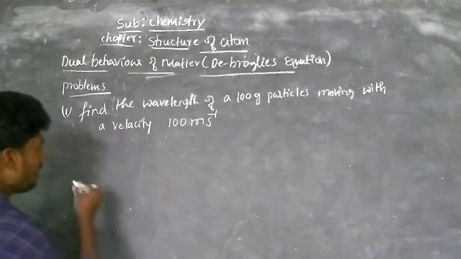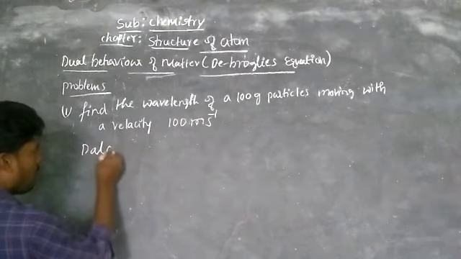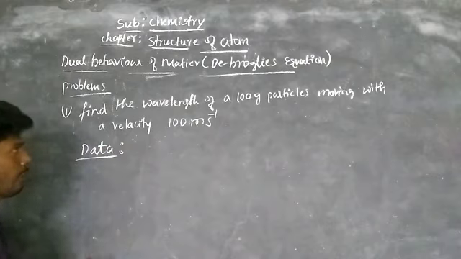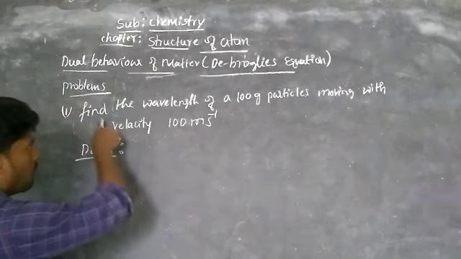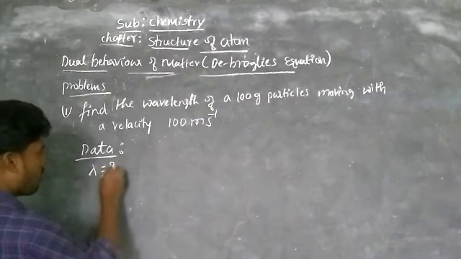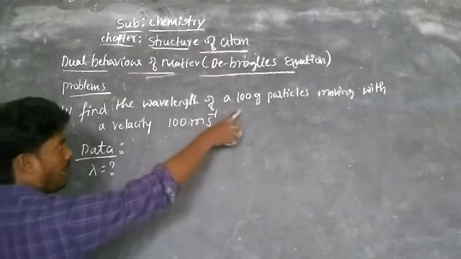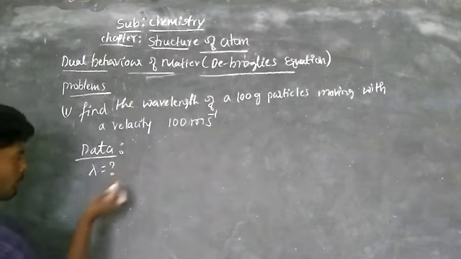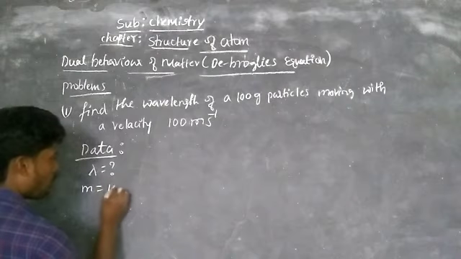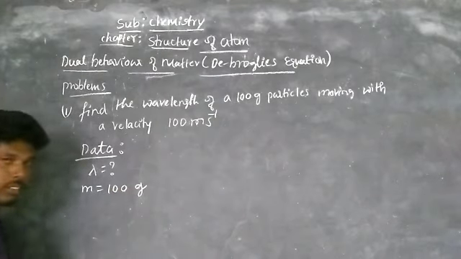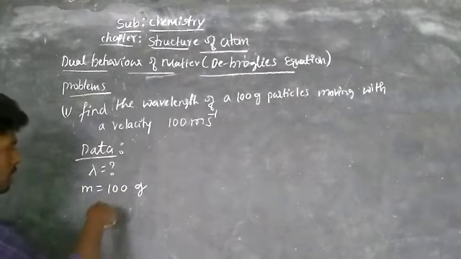So write the data. Before writing the formula, the data is given. Find the wavelength, that is lambda. 100 grams is mass, that is m is equal to 100 grams. Then convert grams into kg.